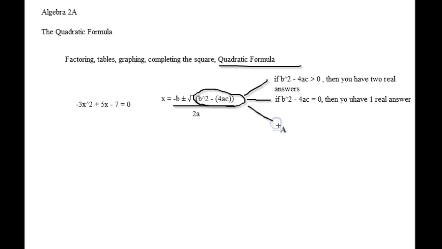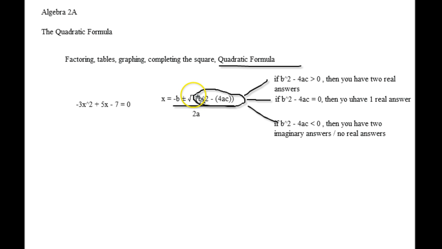And if b squared minus 4ac is less than 0, and this will lead into the next thing too, then you have two imaginary answers, or no real answers. We'll talk about that later. So those are the three situations that could pop up from that.